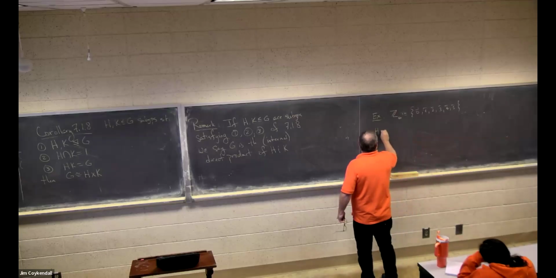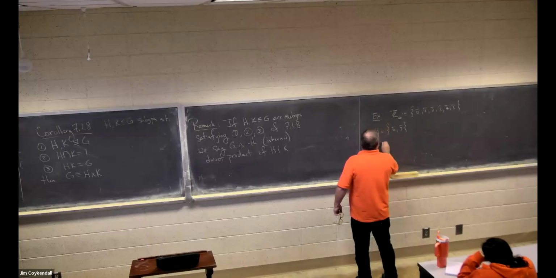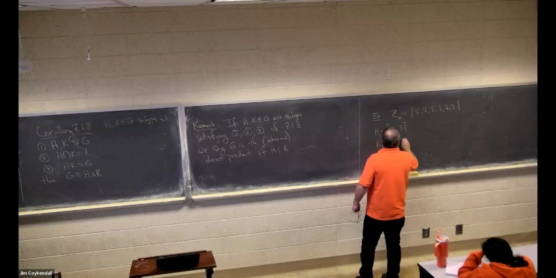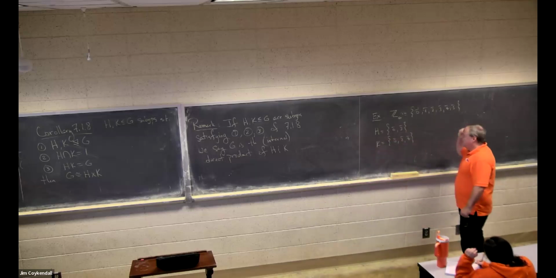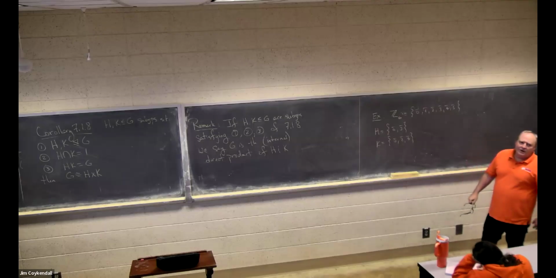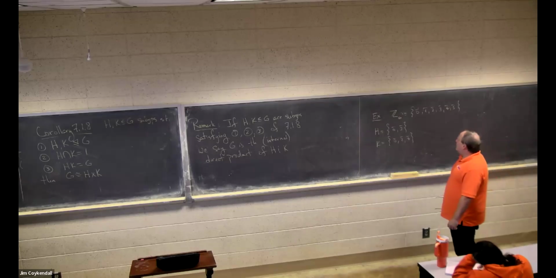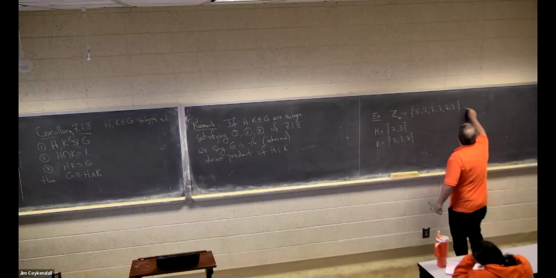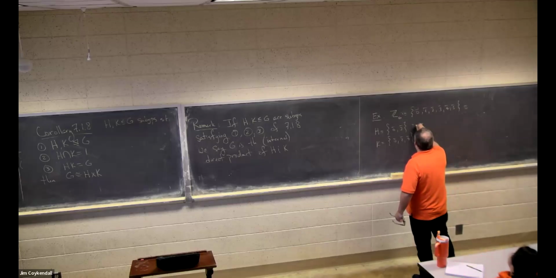where you might have H is 0 bar, 3 bar, and K is 0 bar, 2 bar, 4 bar. Now, this by itself is a cyclic group, and that's a very convenient way to think about it. It's generated by one element. You can also think of this as isomorphic to Z2 because this is isomorphic to Z3.